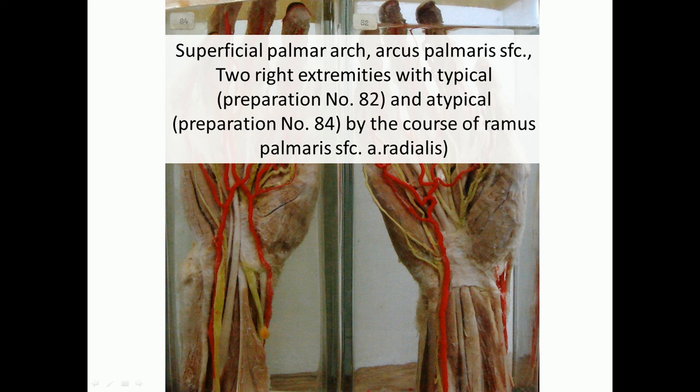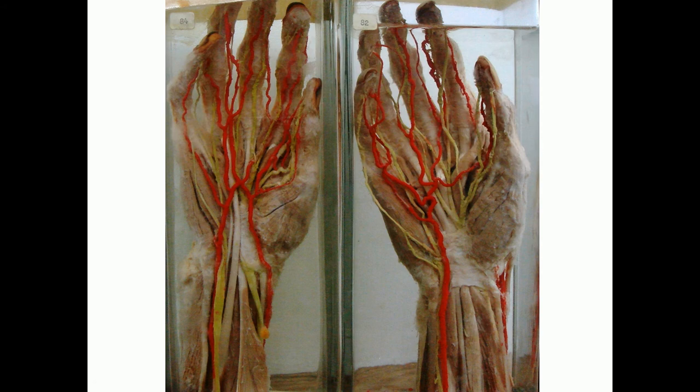Course of ramus palmaris superficialis arteriae radialis. So it was written that this is the typical course of blood supply, and this is atypical. Why? We ask ourselves what is designated with this sign.